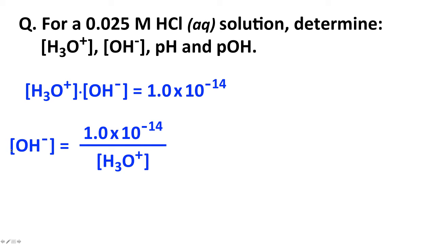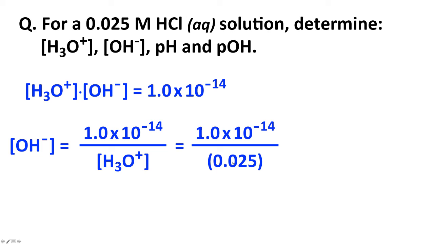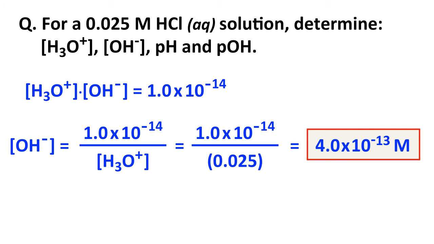Dividing both sides of this equation by H3O+, we get OH- equals 1.0 times 10 to the minus 14th divided by the H3O+ concentration. The H3O+ concentration found previously is 0.025 molar. And again, we have to do concentrations in molarity. When we divide this out, we get 4.0 times 10 to the minus 13th molar.